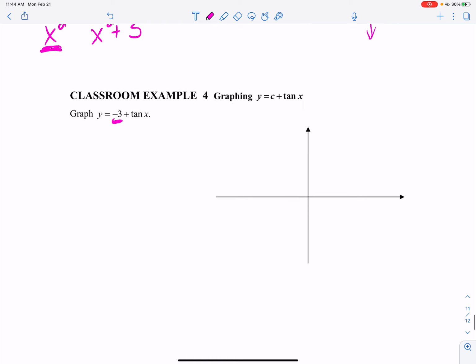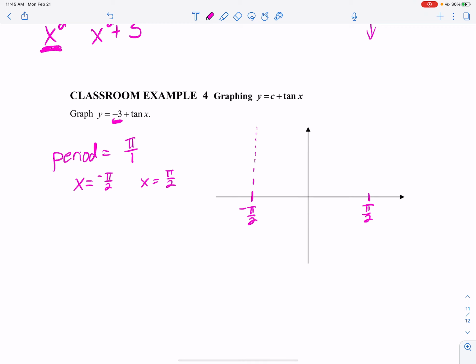So the period, go through the same thing again. The period is pi divided by b. That's nice. Didn't change. Period's pi. If I set that equal to both of these, it tells me exactly where the asymptotes are because I don't need to divide by 1. So there we go. I got negative pi over 2 and pi over 2.